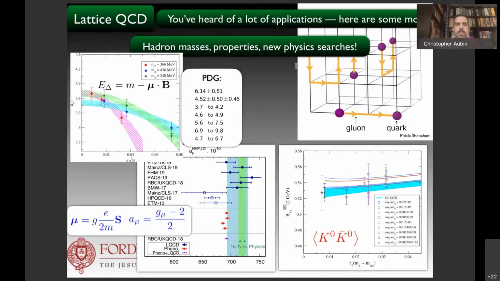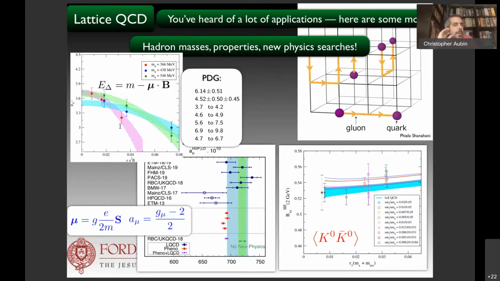And some of this that I'm showing are older results, but they're just for illustrative purposes. So in addition to hadron masses, we could calculate properties of hadrons. And this is often useful when, say, you've got a particle. In this case, this left-hand plot here is relevant for the delta plus plus baryons. The delta, right, heavier cousin of the nucleon, and it lives for roughly 10 to the negative 24 seconds when it's created.